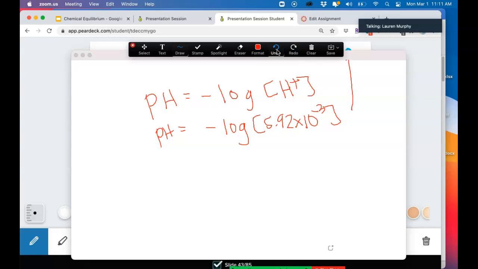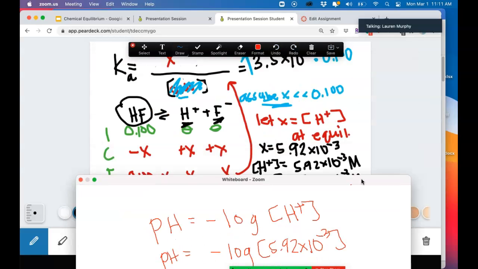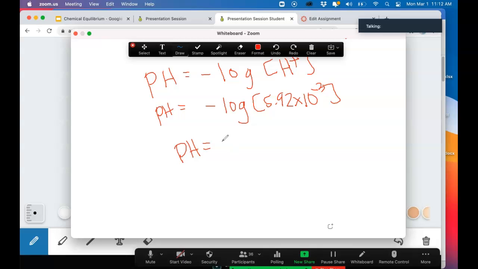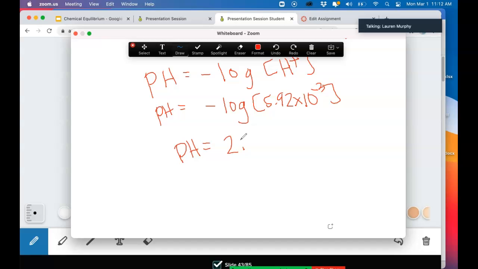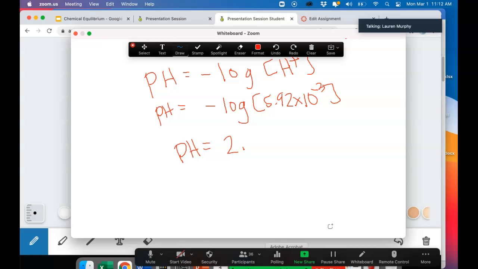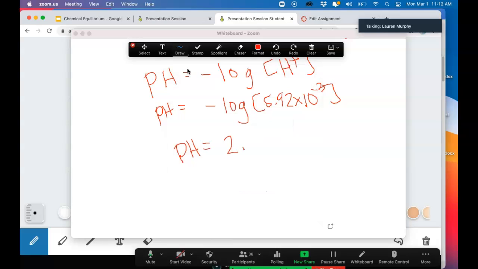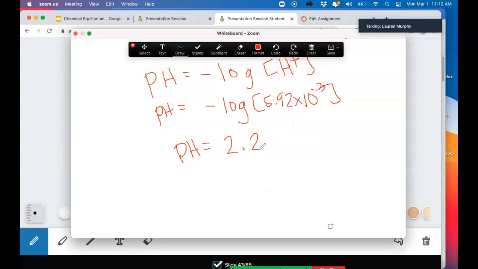So you take that, you hit your opposite button, log that number. What do you get? It's 2 point something, right? I'll wait. I don't remember what it was from last class. 2.23. Beautiful.